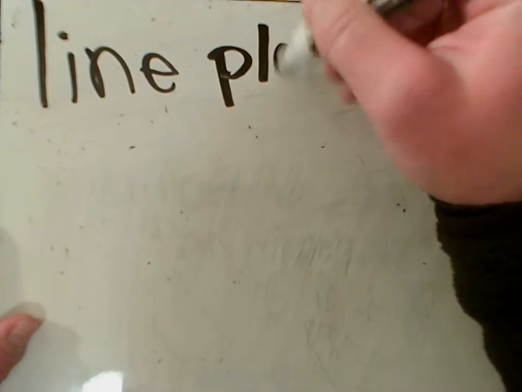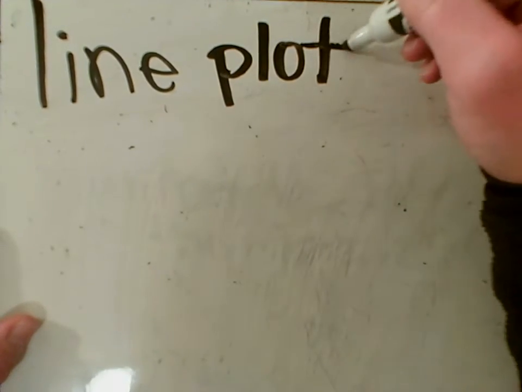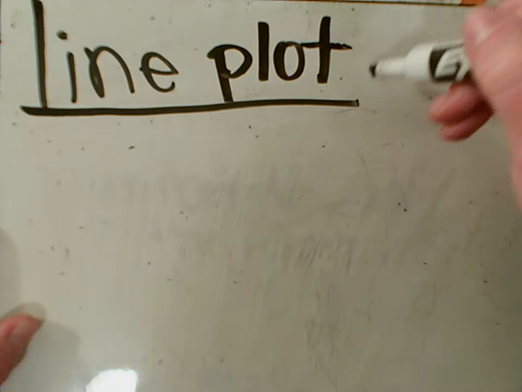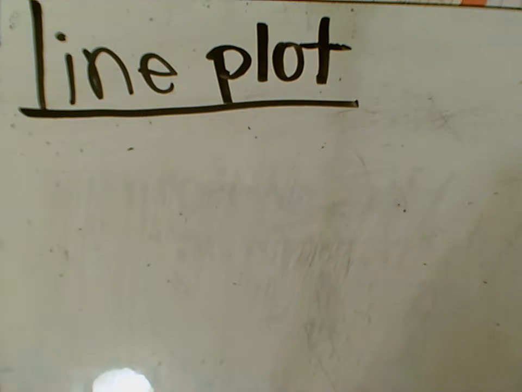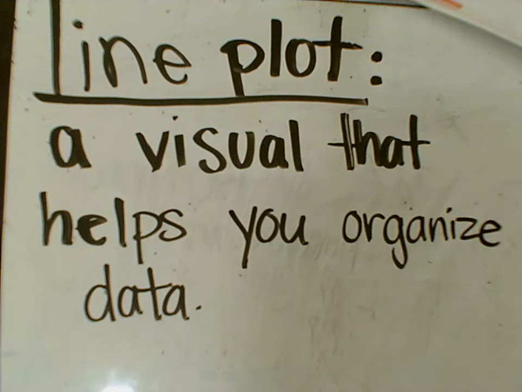I want you to think of that when we discuss what a line plot is. It is a visual that helps you organize data. Yesterday we worked on bar graphs, and that was a different visual that helps us do the same thing.